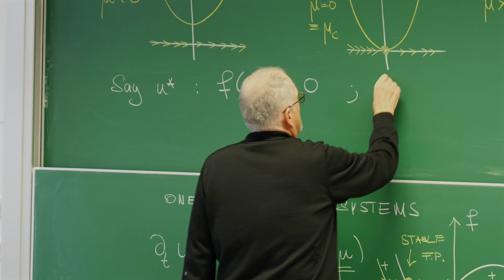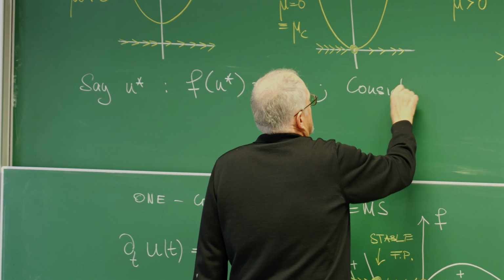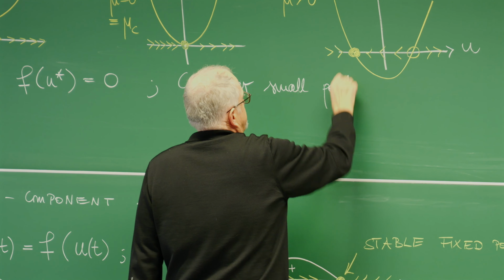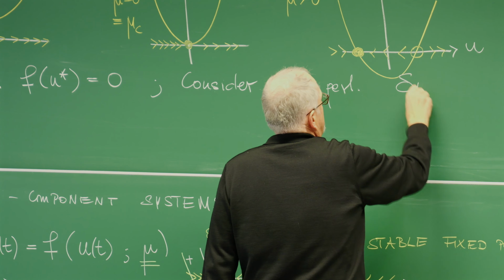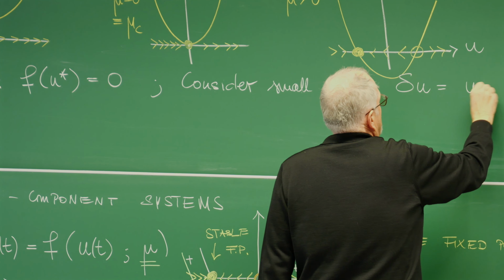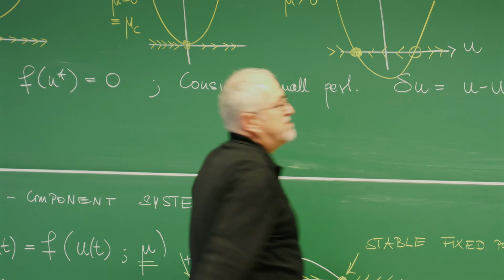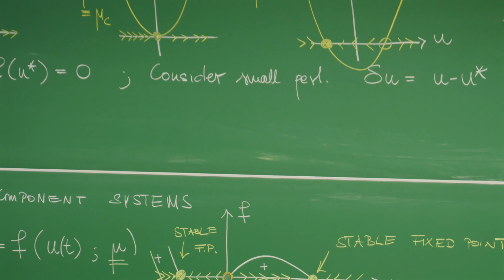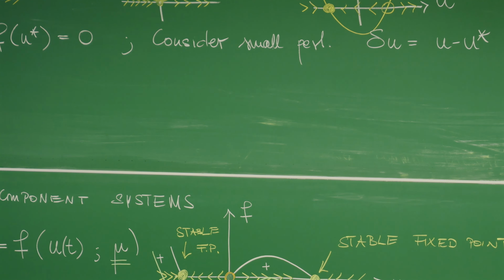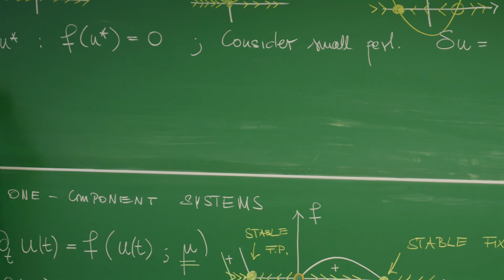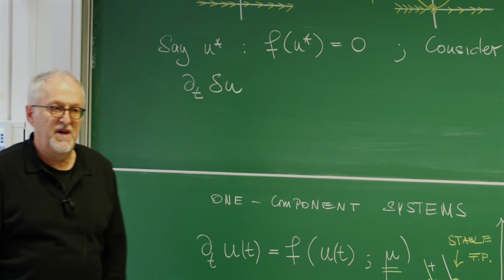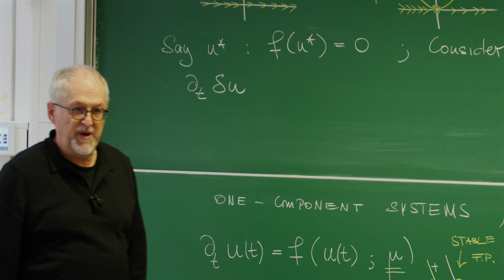And then consider small perturbations, and let's call them delta u, and that's u minus u star. And I only want to learn about the behavior of my system in the vicinity of a fixed point. So I would like to know how is the time variation of a perturbation with respect to a fixed point.